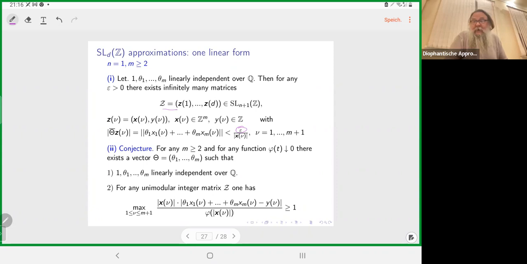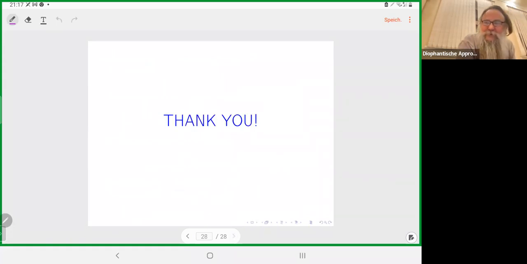I did not think about this conjecture for a long time, but in my opinion, it should be possible to construct such an example. So I would like to encourage some people to try to do this. Probably now it is time to stop. So thank you for your attention.